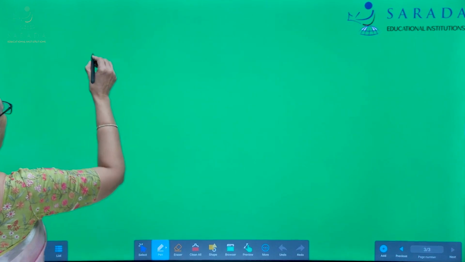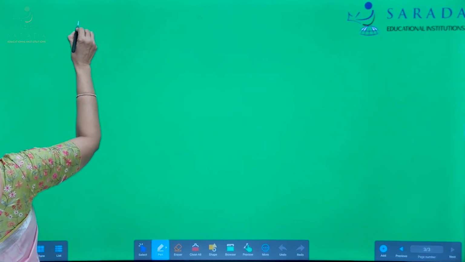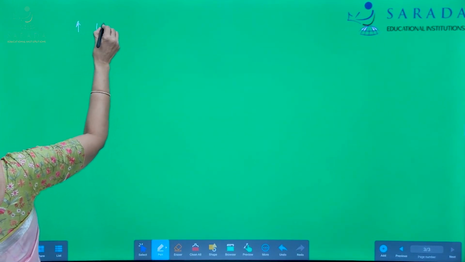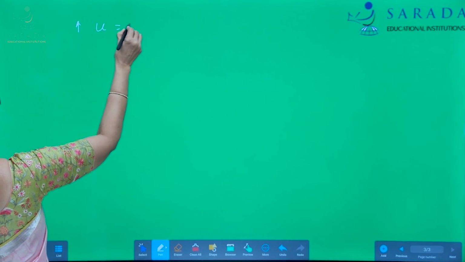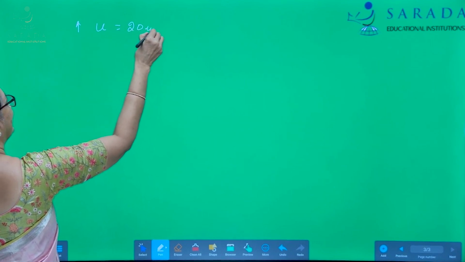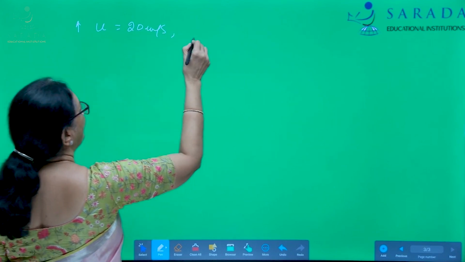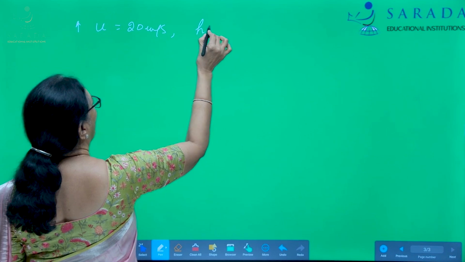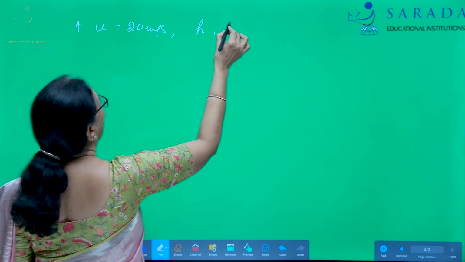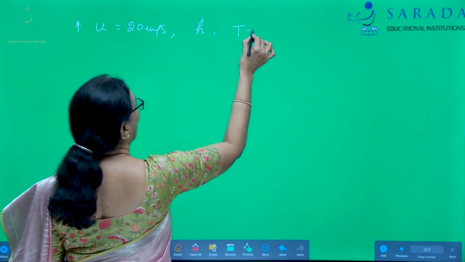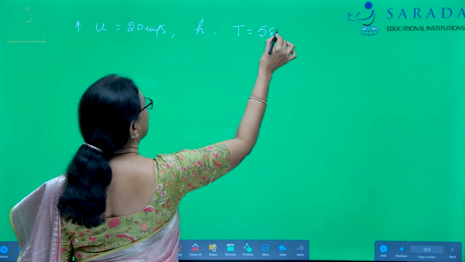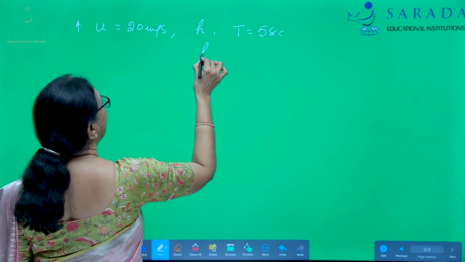Look here, a body is projected vertically up with a velocity 20 meter per second from the top of a tower of height h.